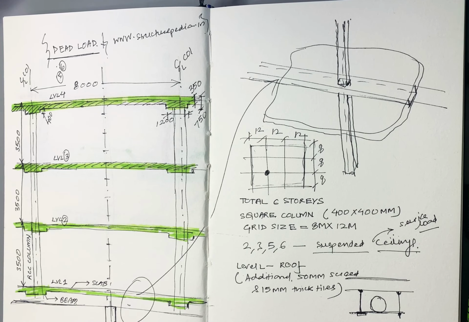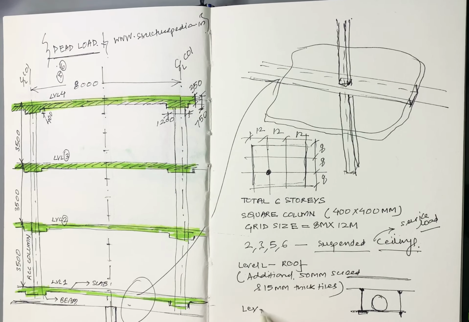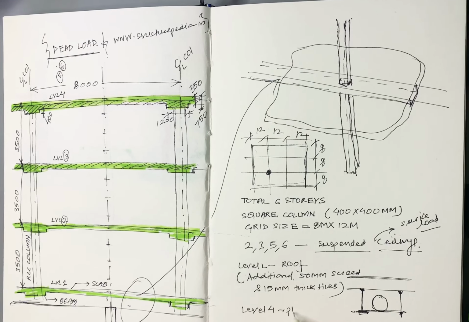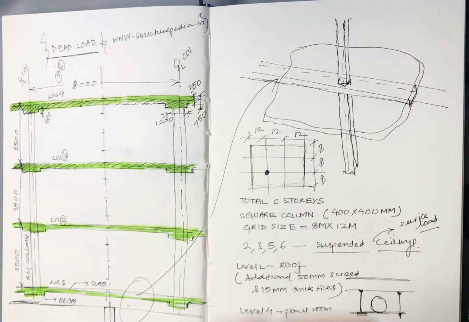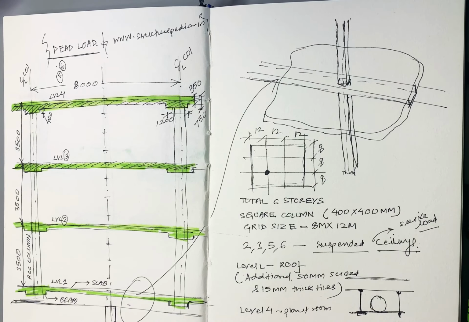Okay. Now level 4. Level 4 is the plant room, where you might have machinery, but there are no finishes, because this is a raw room you can use for the machinery. So don't really spend money on finishing the floor, just a concrete floor would be sufficient.